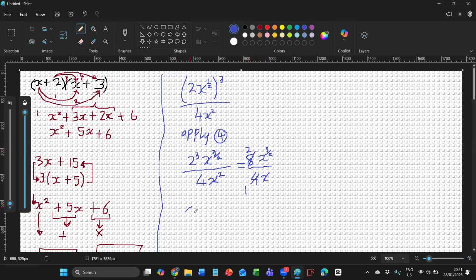So I'm left with 2 times x raised to the power of 3 over 2, and all over what? x squared. Sorry, I forgot to write the x squared. Please don't forget it. Thank God I looked at the question again.